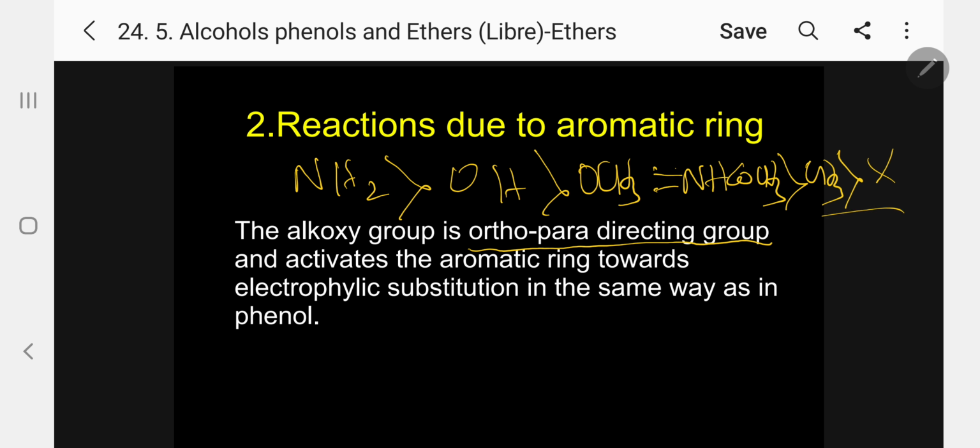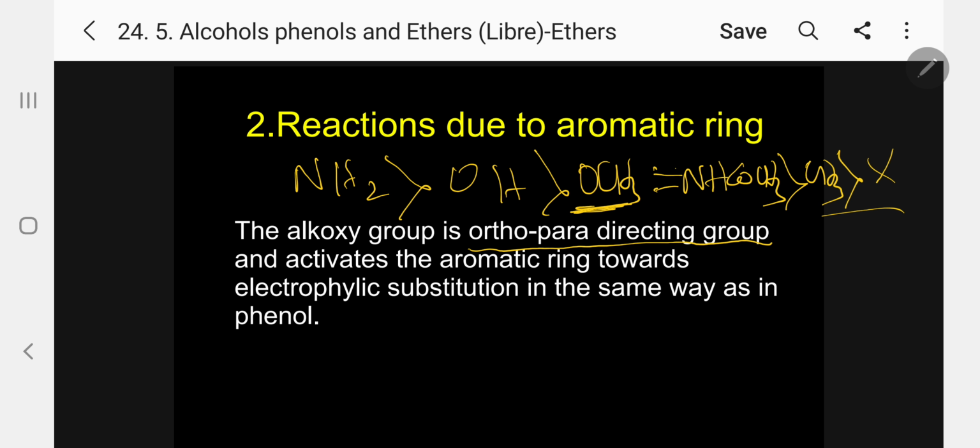Kindly, you have to memorize. Under the basic concept of organic chemistry, I have given this. These are ortho-para orienting groups. NH2 is number 1, lowest is X. So the alkoxide is coming here, after OH, equivalent to NHCOCH3.